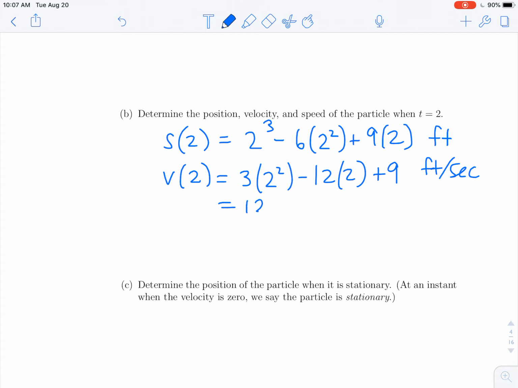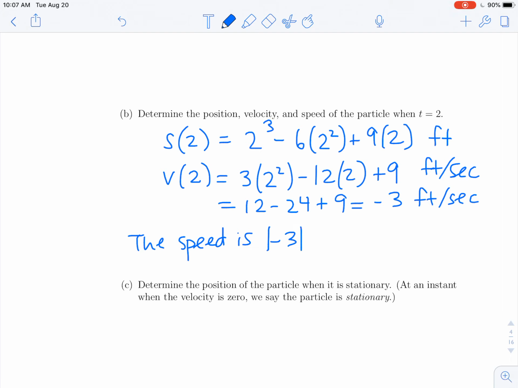This is 12 minus 24 plus 9, so that's negative 3 feet per second. And so the speed is the absolute value of negative 3, which is positive 3 feet per second.